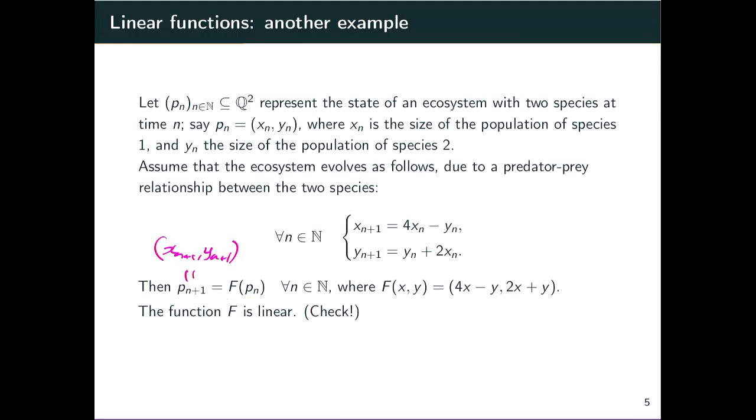So all this means is it's acting on the vector Pn, which is this (x, y), and it's going to send it to (4x minus y, 2x plus y). So you can see that this function is modeling going from xn, yn to xn plus 1 and yn plus 1.